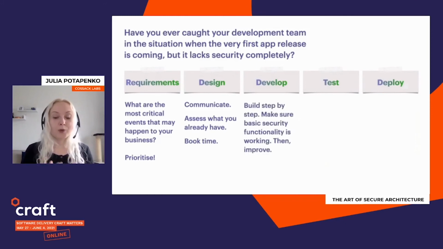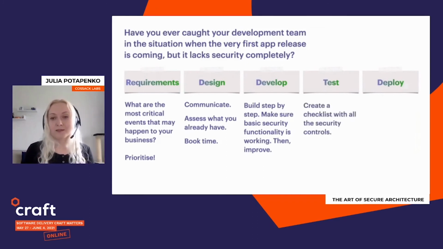And when we are developing our security controls, build them step by step. Make sure basic security functionality is working, and then improve. It's better to release at least some security controls rather than try to cover everything, be late with deadlines, and release a completely unprotected app, right?